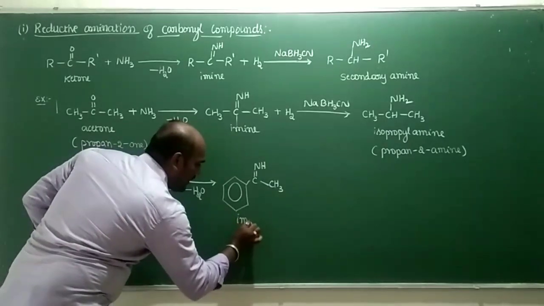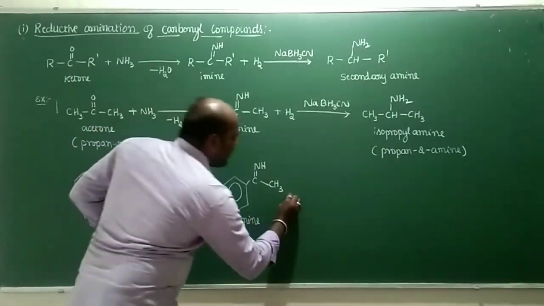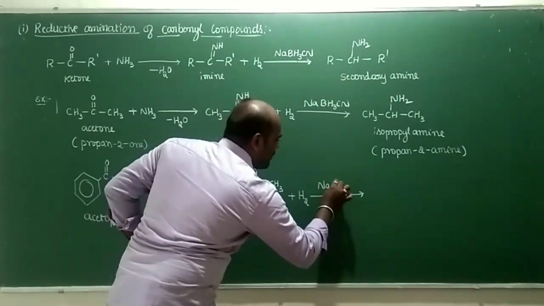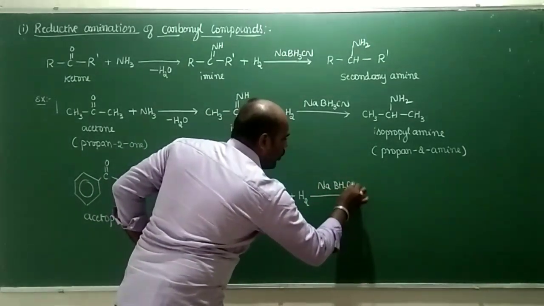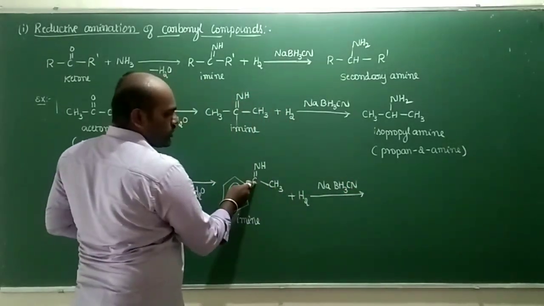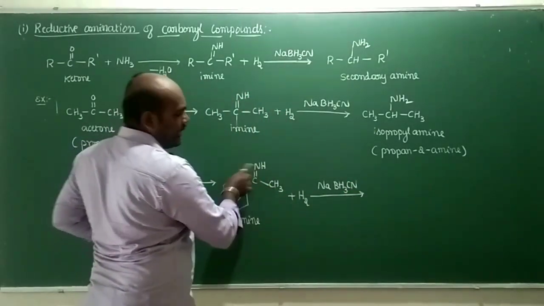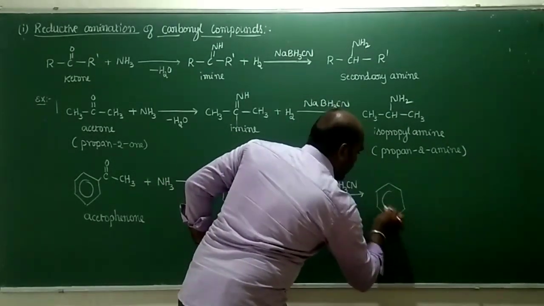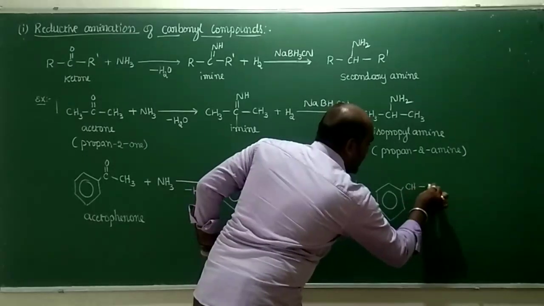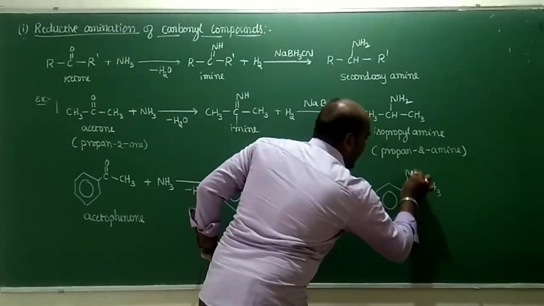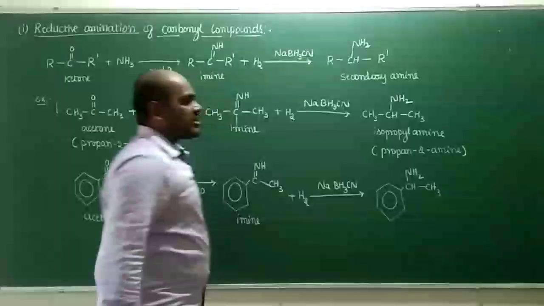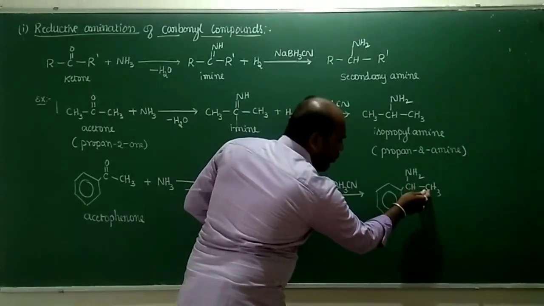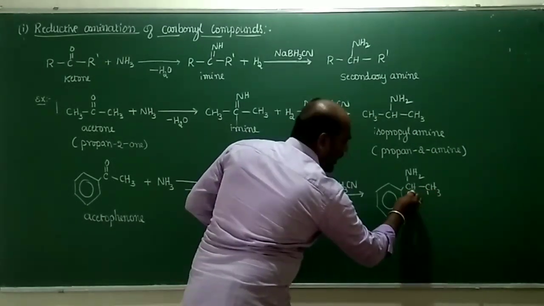So this is an imine, and this imine on further reduction in the presence of sodium cyanohydridoborate, 1 hydrogen to the carbon atom and the second hydrogen to the nitrogen atom, results in the formation of CH, CH3 and NH2. So here also we got a secondary amine. If you want to give the name for this, numbering should start from here, 1, 2.